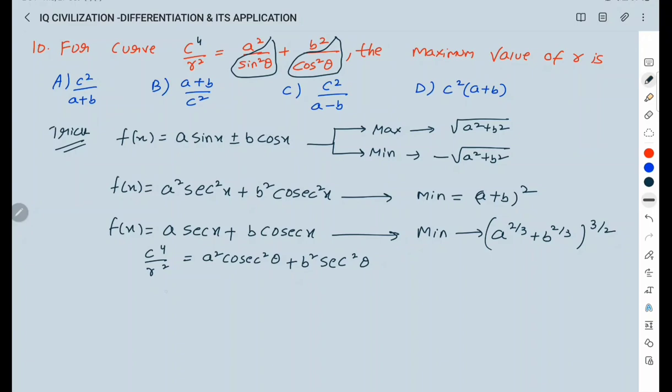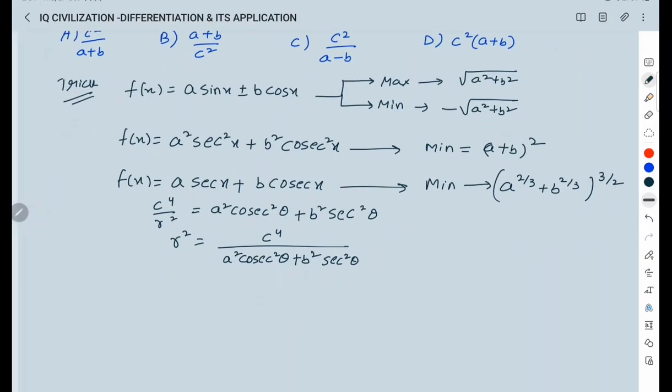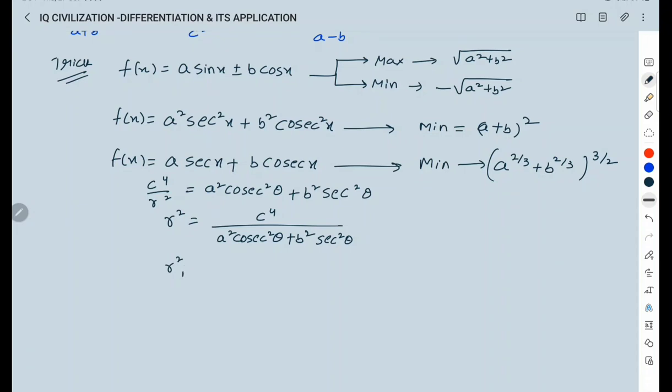So tell me, what is r square? So r square becomes c power 4 by a square cosecant square theta plus b square secant square theta. So we need to find this r square maximum. If we need to get maximum r square, then for the denominator a square cosecant square theta plus b square secant square theta we need to get the minimum. So that is nothing but c4 by a plus b whole square.